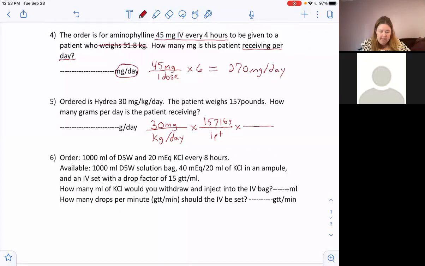And then we need to convert that to kilograms. So 2.2 pounds, 1 kilogram. And then our pounds cancel out, our kilograms cancel out, and we're left with milligrams per day.